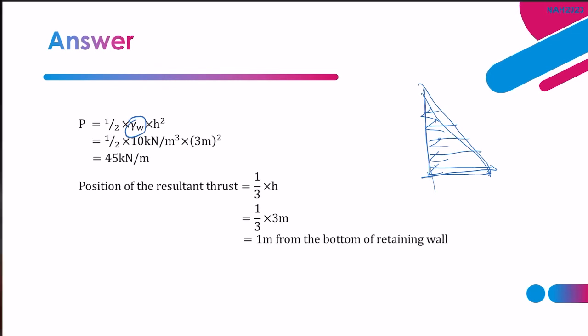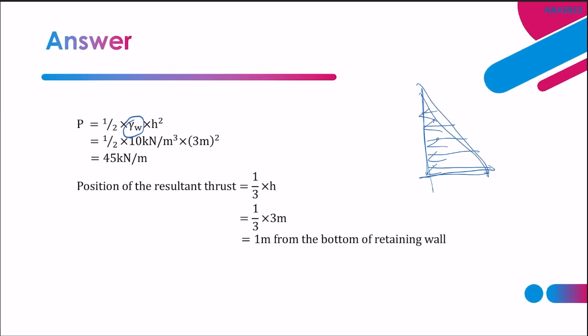And the position of the resultant thrust, since the question asks you to find the position. So position from where? It must be from the bottom of the retaining wall. So it is 1/3. Why?